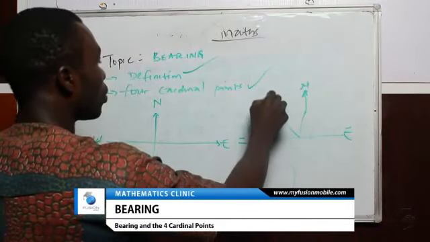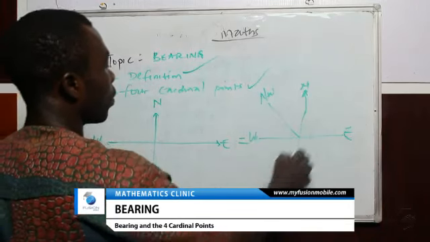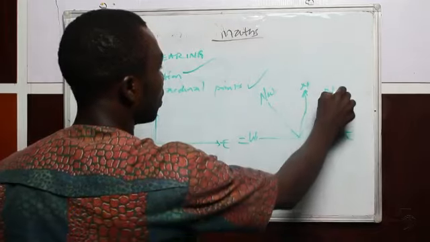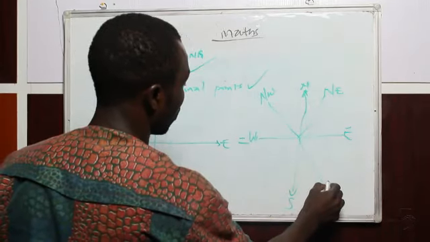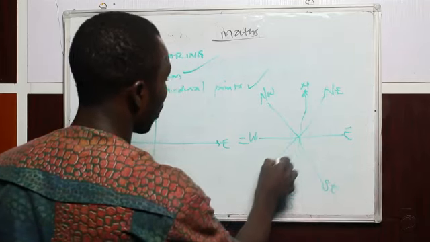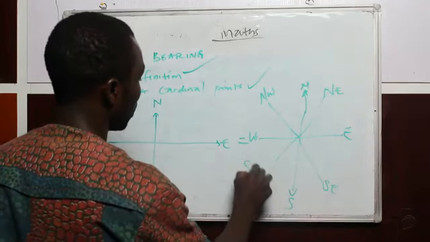We have what is called northwest, northeast, southeast, and southwest.